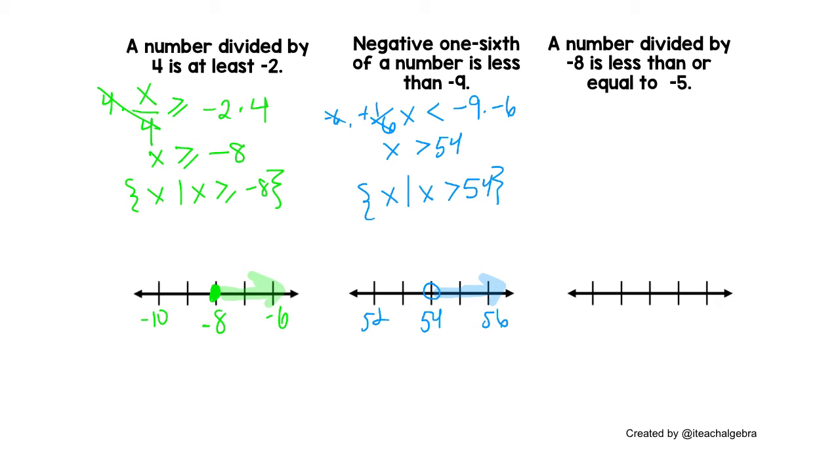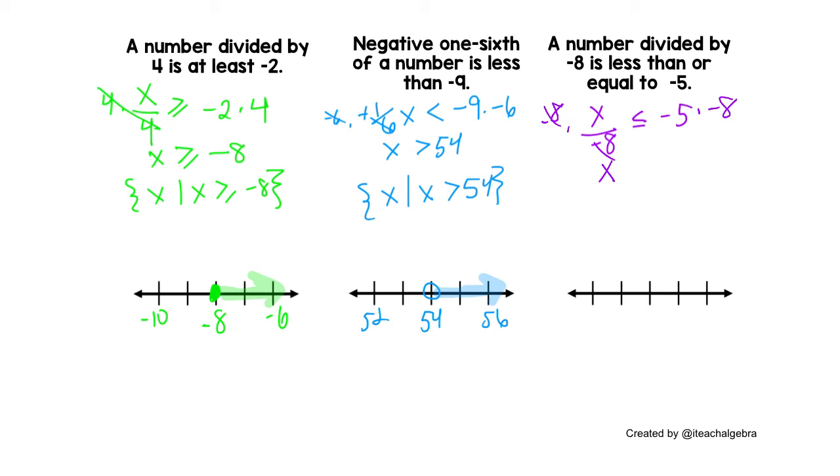Last but certainly not least, we've got one more. A number divided by -8 is less than or equal to -5. So to get x alone, we need to multiply both sides by -8.